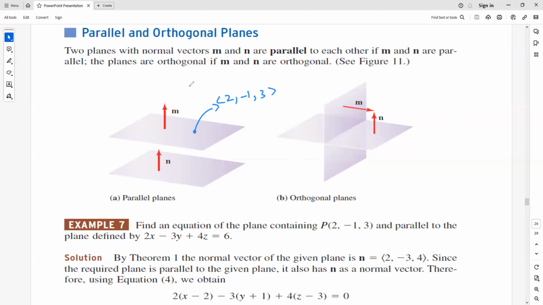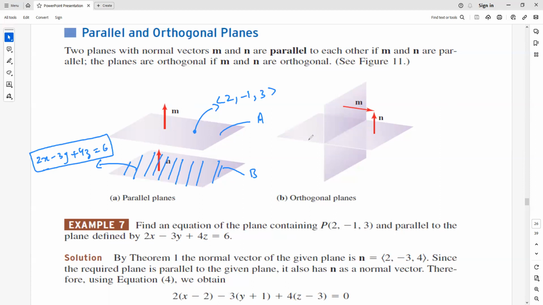And the normal vector to this plane is not given, but the other information is that the next plane is parallel to this plane. Let's say it's plane A and it's plane B. So plane A is parallel to plane B, where the equation of plane B is given. It's 2x minus 3y plus 4z equals 6, right? This is the equation of this plane.